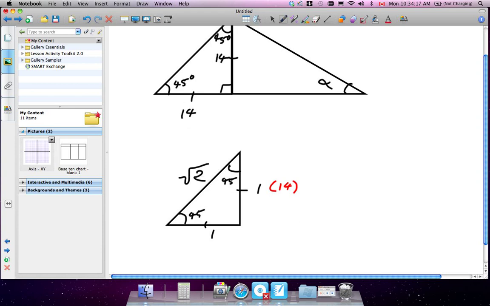So if that distance is 14, all we're going to do is set it up as a ratio. Well, we know that this distance is the same, so I also know that this side is 14. And then this number here, to get it, all they did was add the two sides together and put a square root over it. We know 14 plus 14 is 28, so this side is the root of 28. So that's what this would be.